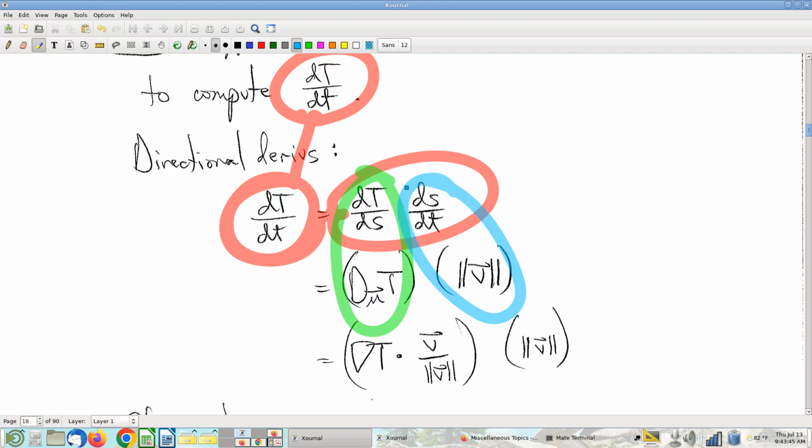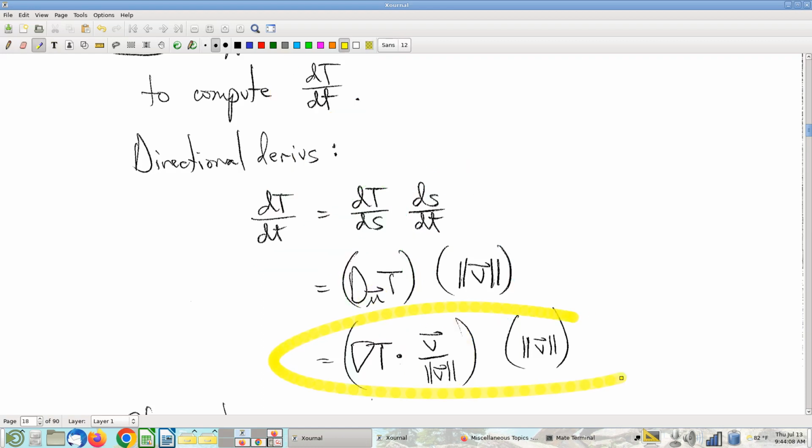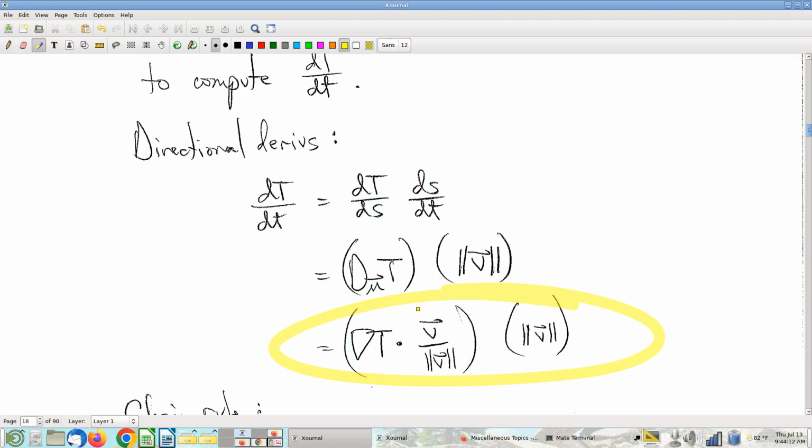This is speed, aka the magnitude of the velocity vector. Now I'm going to have to compute this unit vector, because that's what directional derivatives require. I need a vector that points in the direction of my velocity, but it's got to be unit, and so I divide the velocity by its own magnitude. And therefore I find myself needing to compute this. Fine. That's plan A. Let's look at plan B.